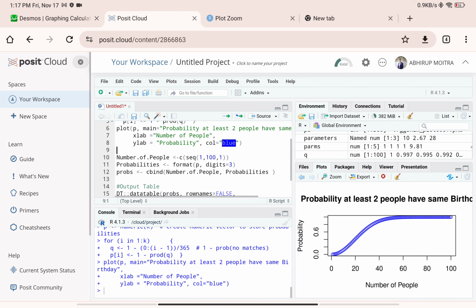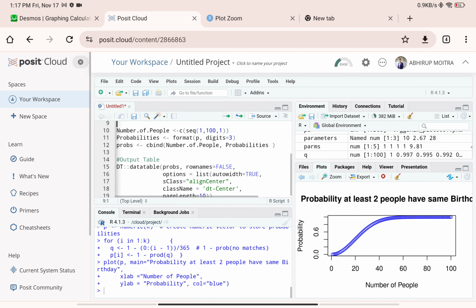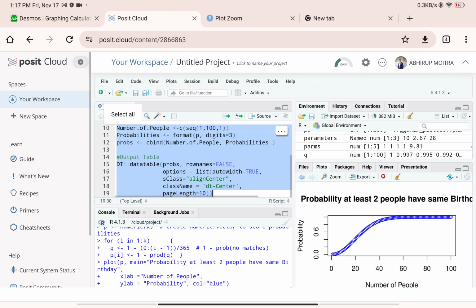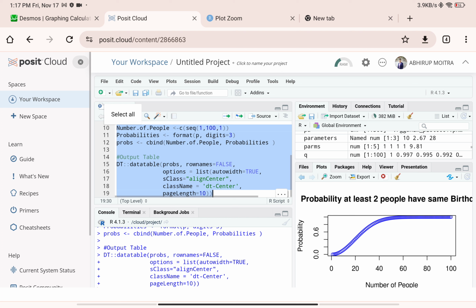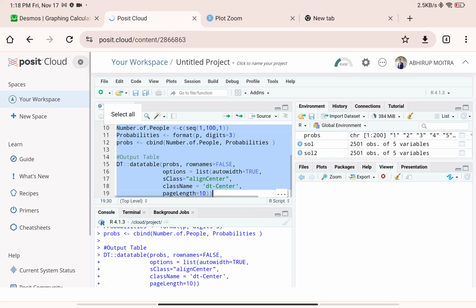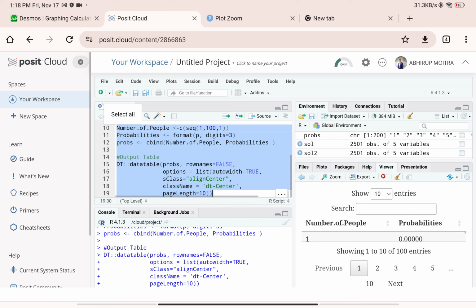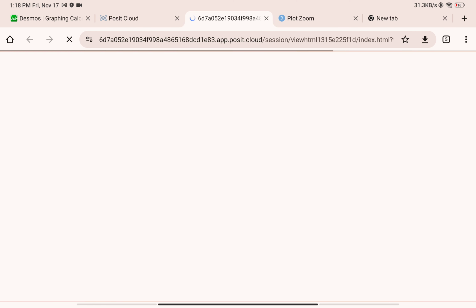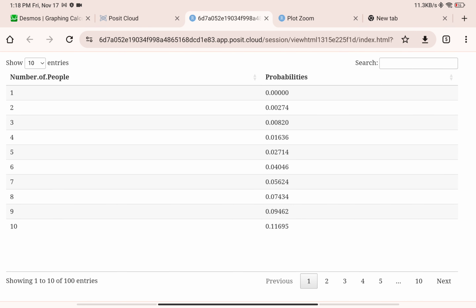If I just run this, you'll see how beautiful it is. Control enter, and if we zoom in again, you see this is the table. As the number of people increases, 1 2 3 4 5 6 going on, we see how the probabilities vary, showing 1 to 10 of 100 entries on the first page.